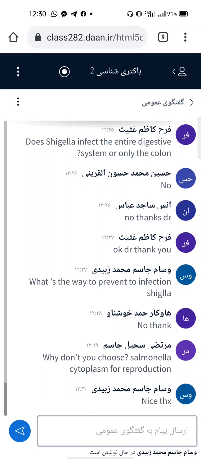So it remains in the vacuole, where the condition is more suitable for it to replicate. But for Shigella, the environment of the cytoplasm is more suitable for replication.